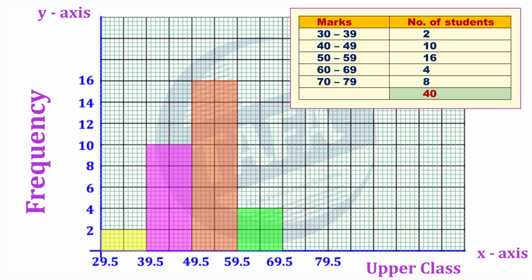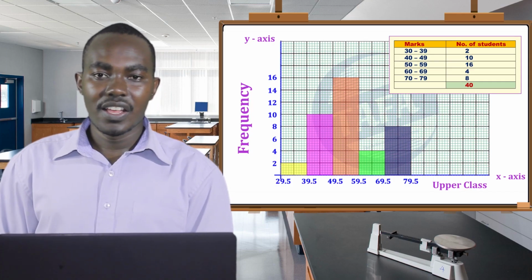And lastly, we have 69.5 to 79.5. So we have that bar whose limits are 69.5 to 79.5, and the height is 8, and the height corresponds to the frequency. So that's how you can draw a histogram whose class widths are equal.